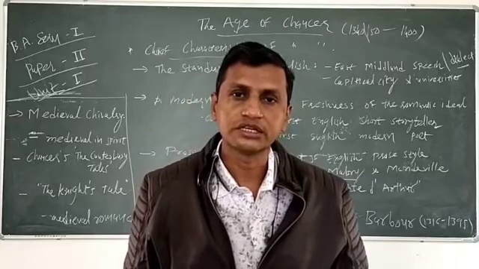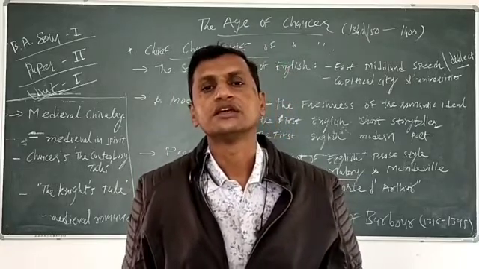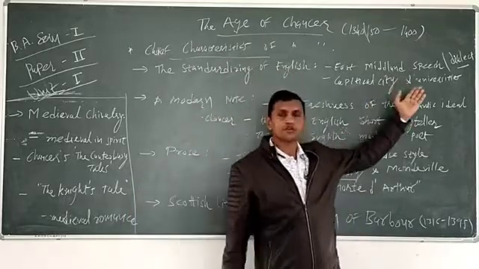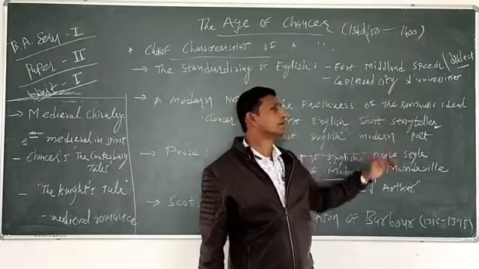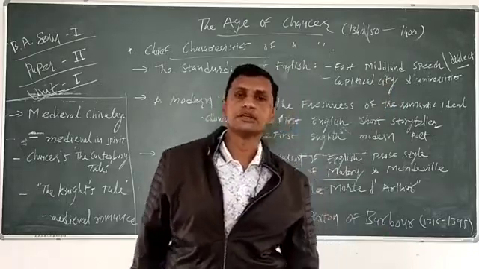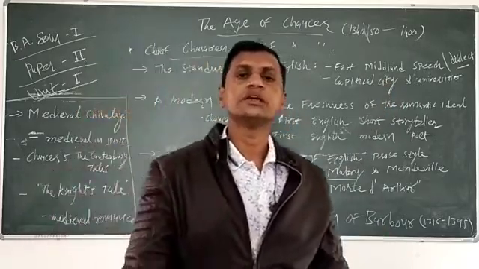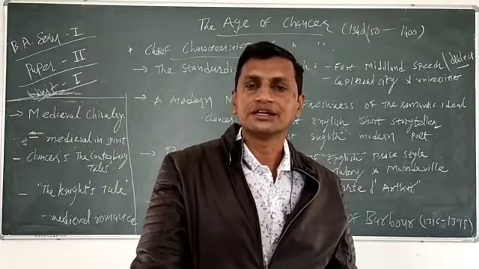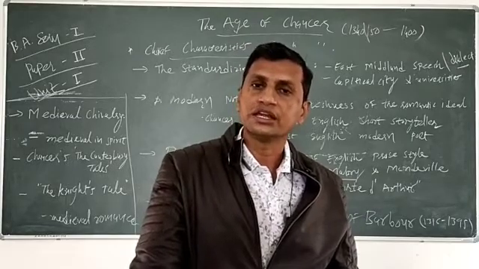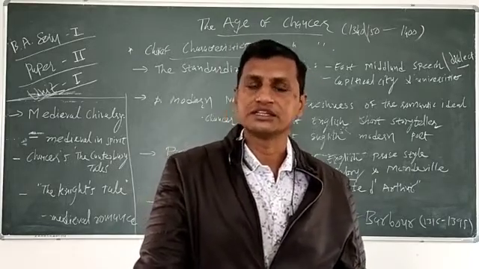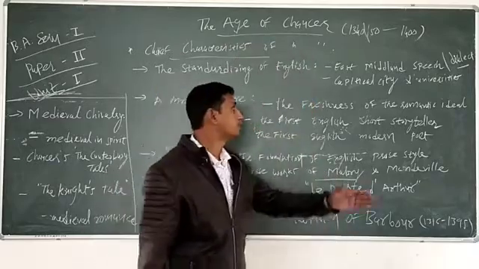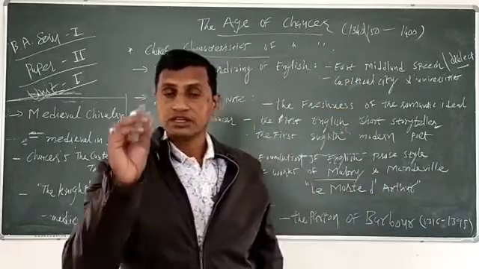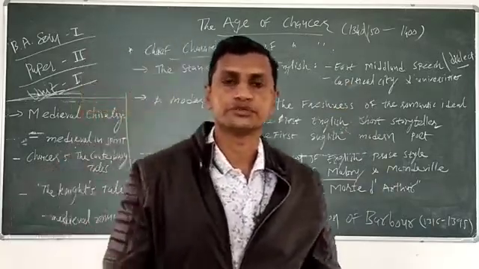Chaucer produced literature in the English language, and gradually he polished the East Midland dialect, the language of the capital city and of the university, and Chaucer used that English language for the first time in his literature. Gradually English became standardized, and it became the standard English language during the age of Chaucer.